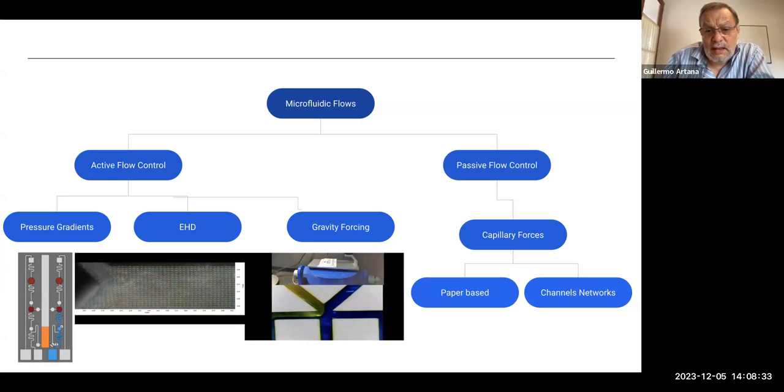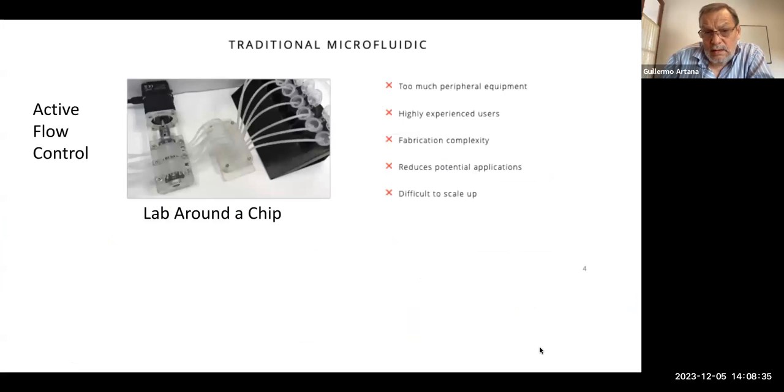Why have we tried to move a little bit to this kind of passive flow control? Active flow control is quite interesting, and you can do a lot of things, but usually you need highly experienced users.